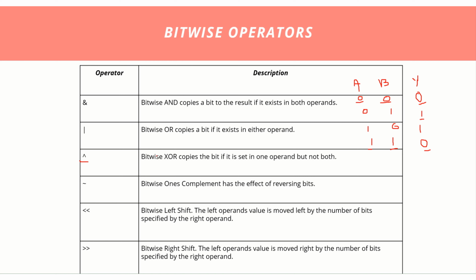Now let's see an example on bitwise XOR. Let's take the numbers 5 and 9. So 5 is represented as 0 1 0 1. 9 is represented as 1 0 0 1.